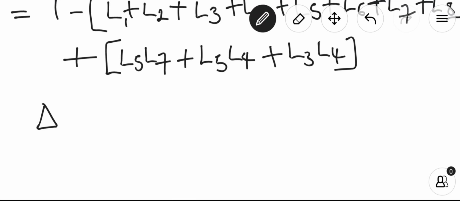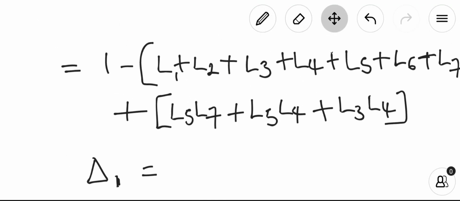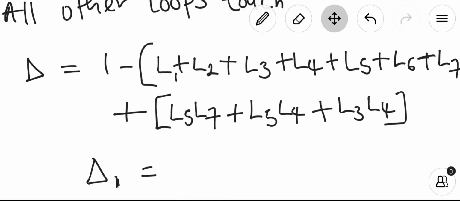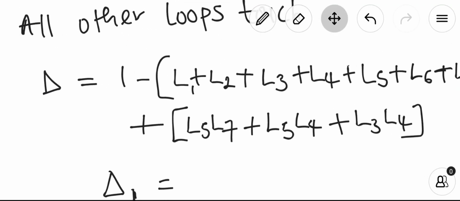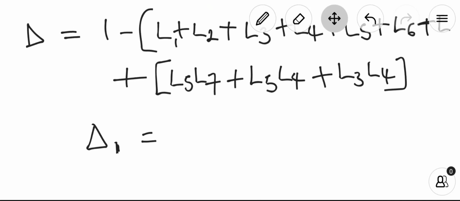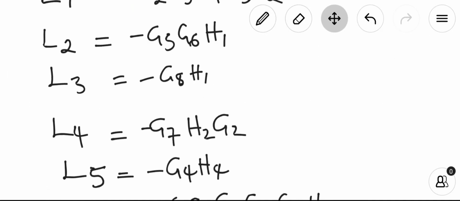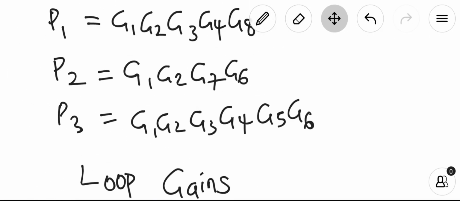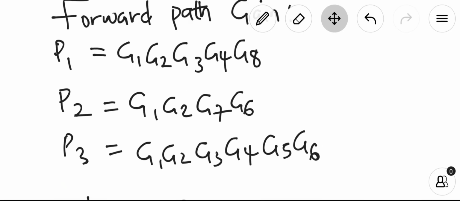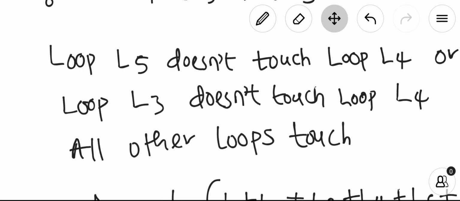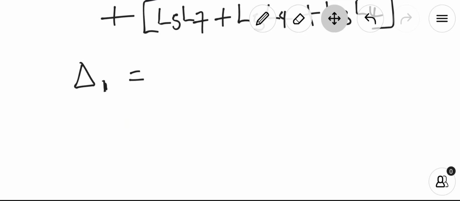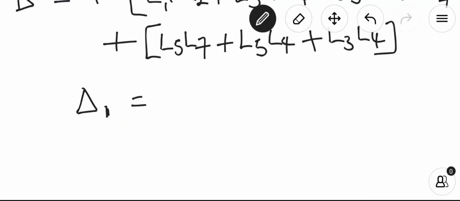Now we need to find the cofactor. The cofactor for path 1, that's the forward path gain. Path 1, that's this P1, now delta 1 is gotten from the determinant.